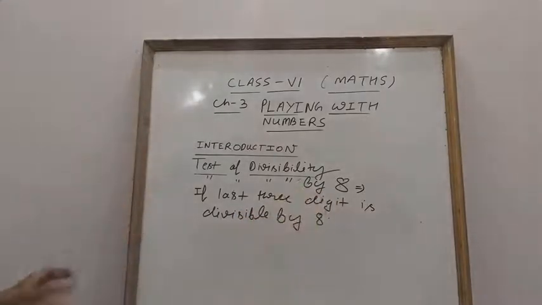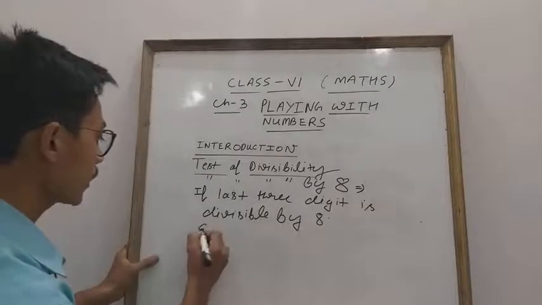What is the meaning of this, student? Just like in the test of divisibility by 4 we saw that if the last 2 digits are divisible by 4, in this one we will see that if the last 3 digits are divisible by 8.